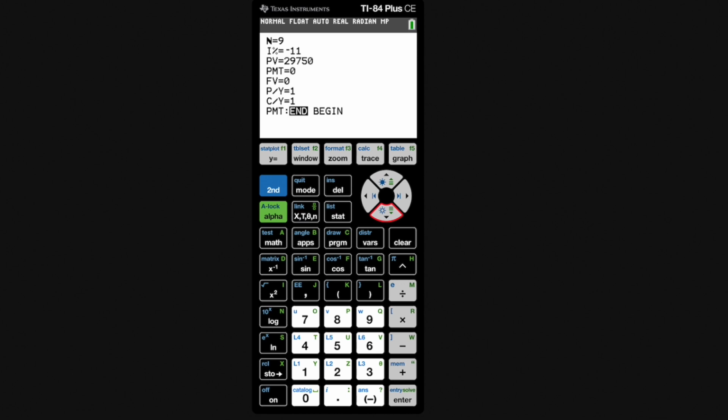For P/Y and C/Y, we leave them as 1 because we are decreasing the value by 11% each subsequent year. Once you're done, you move your cursor back to FV, which is future value, and that's what you need to calculate, right? Then you press ALPHA and ENTER, and you get your future value calculated.